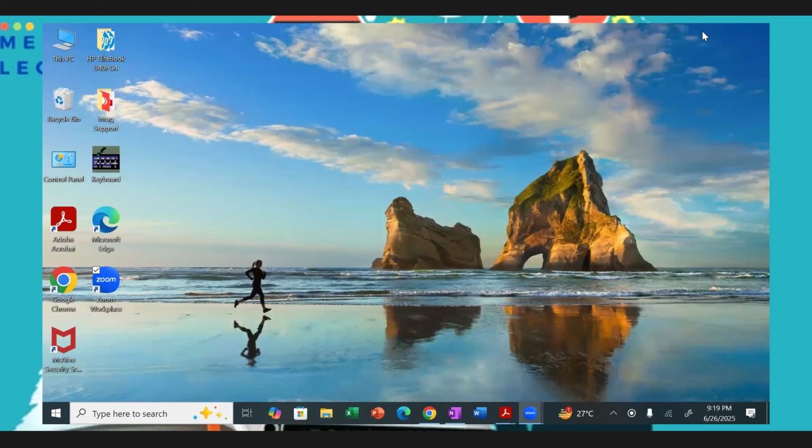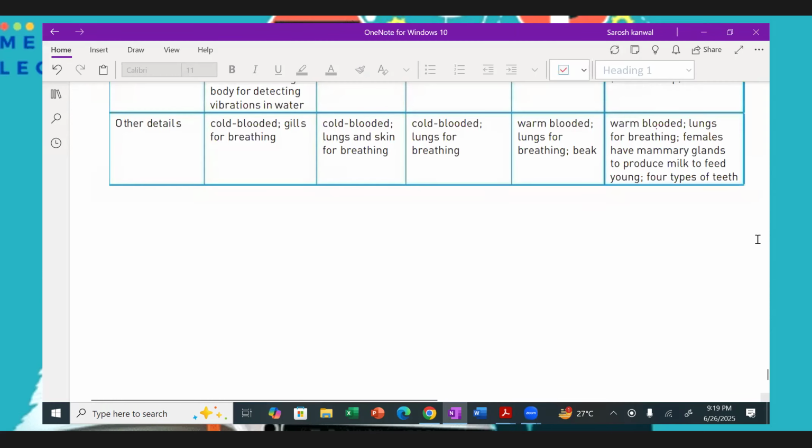Ma'am, are we going to do transport in the next chapter, like diffusion and osmosis? Yeah, that is movement into and out of the cell. Yes, I think the other chapter after this is that.